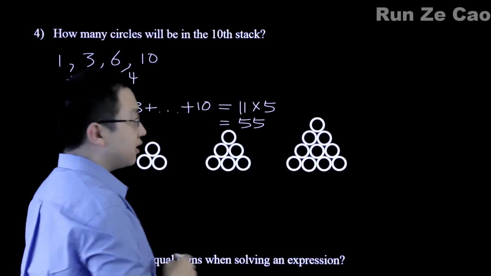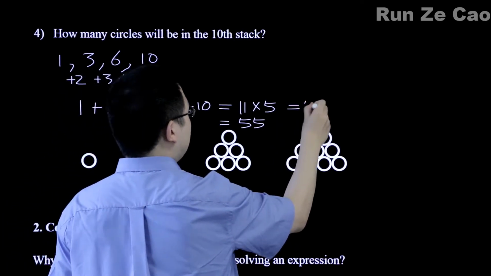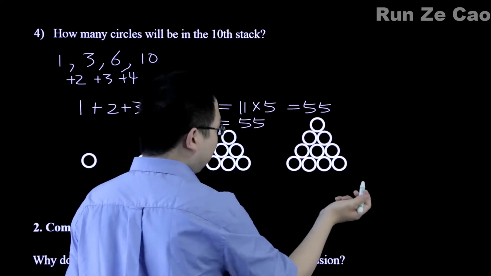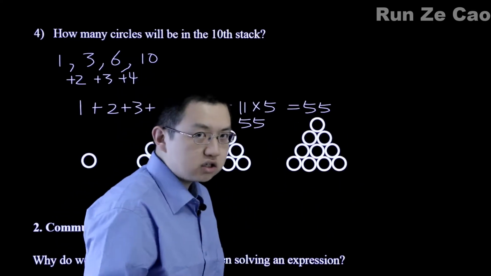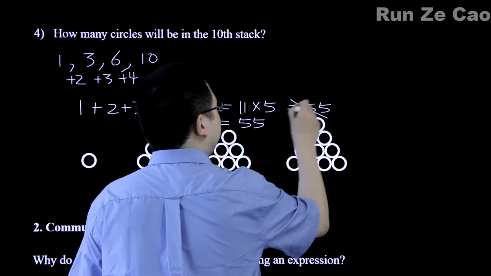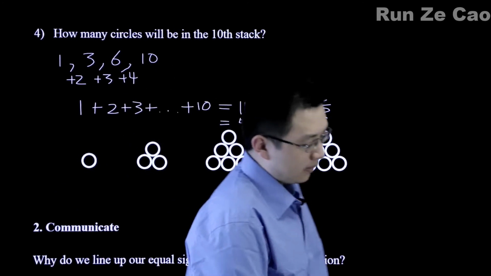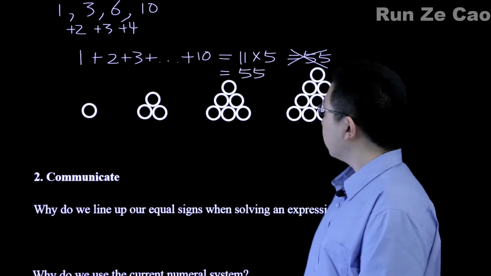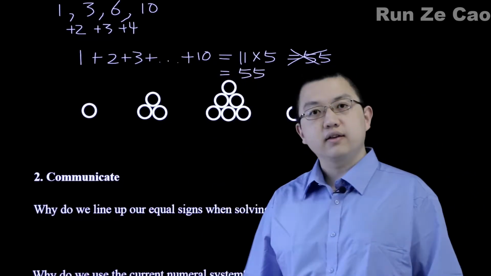Now, I'm sure we've seen some cases where somebody just wrote this. This is not actually necessarily bad. Like, it's not something most teachers will reject, but it is not good form. Now, we notice something else. We lined up our equal signs here. Why is this the case?